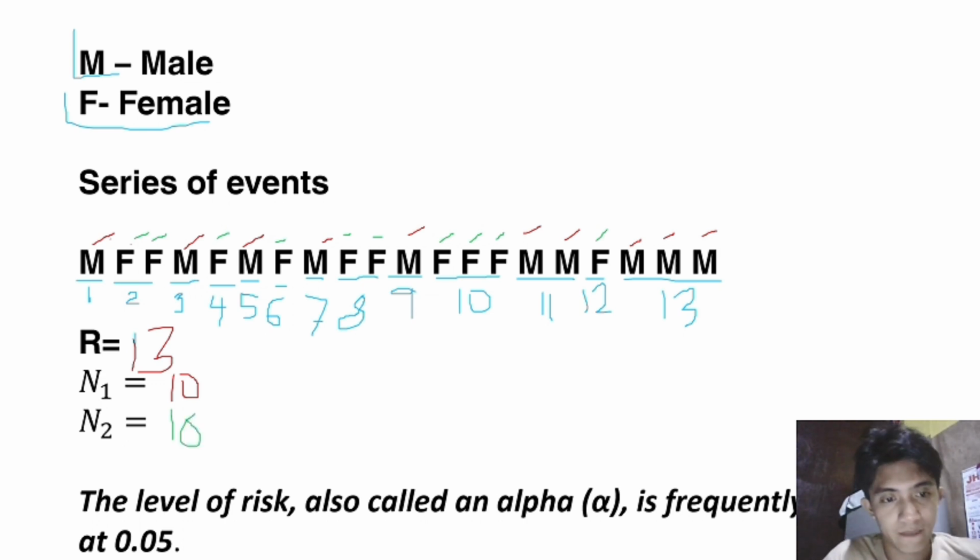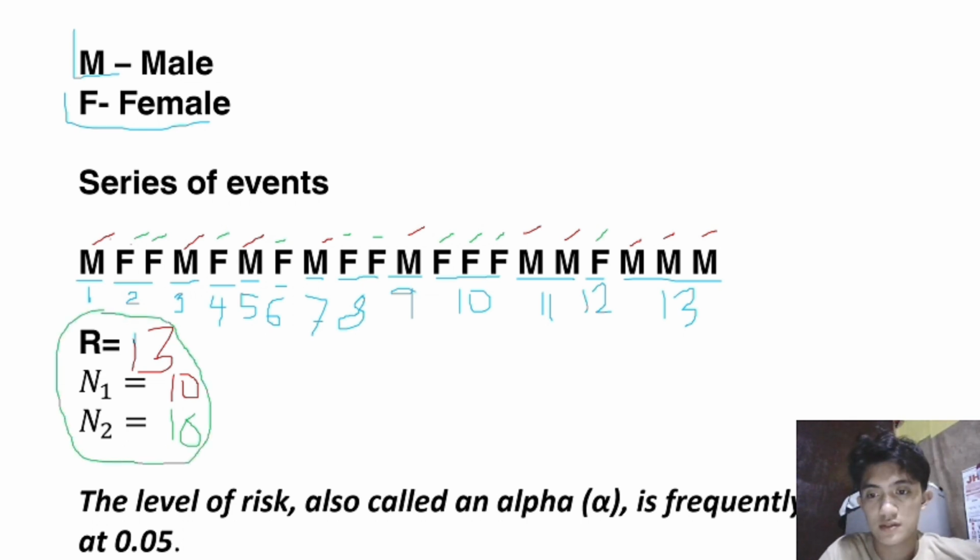So, n sub 2 is equal to 10. So, since we already have these values, R is equal to 13, n sub 1 is equal to 10, n sub 2 is equal to 10. Now, our alpha value that we are going to use is 0.05.